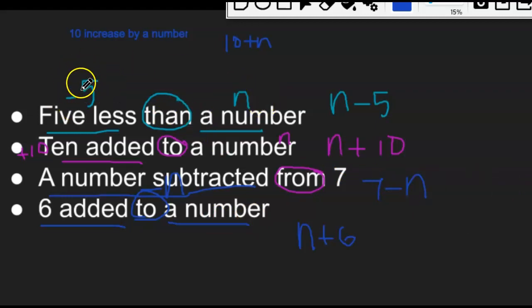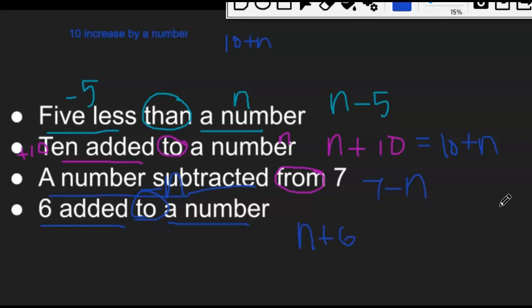Especially when it's a negative number, it's really important to know which term should be written first. For addition, it doesn't matter, because n plus 10 is also equivalent to what? 10 plus n. So what kind of property is that again, if you still remember? Commutative.